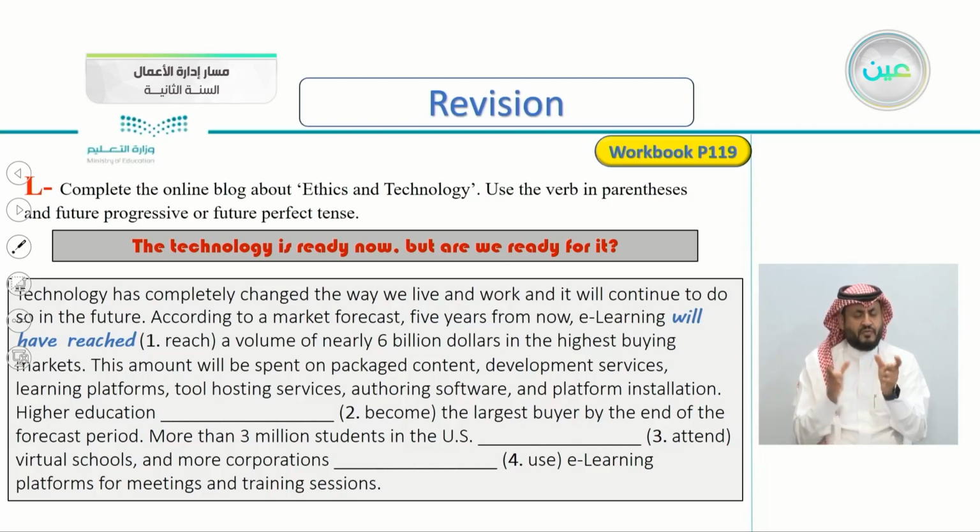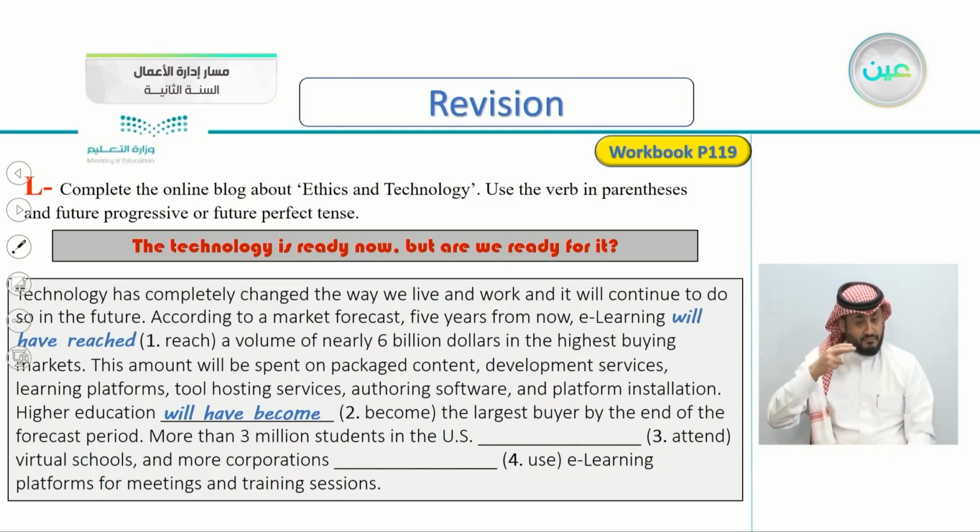And the verb here is become. So, do we use the future progressive or the future perfect? What to do here? So, let's see the correct answer here. Will have become. So, we use the future perfect. Will have become the largest buyer by the end of the forecast period.